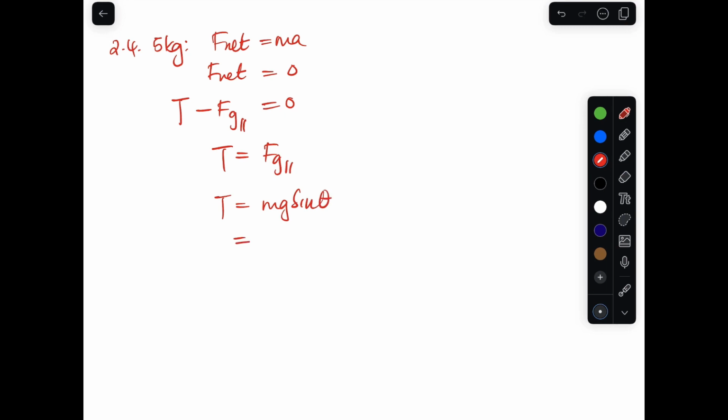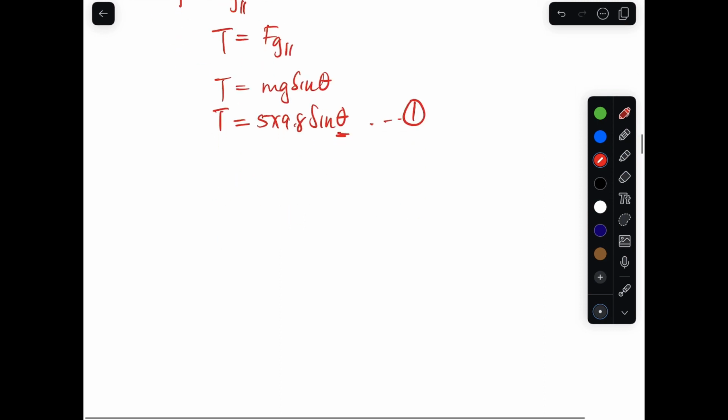So the tension force is equal to mg sine theta. What is our mass there? It's 5 times g, which is 9.8, sine theta. We are looking for this theta. So T is equal to that. We'll say that is equation 1. Now let's create equation 2 for the 2 kg. We'll say F net is equal to 0. What are the forces acting there? The gravitational force is going downwards, it's positive because we chose that direction.